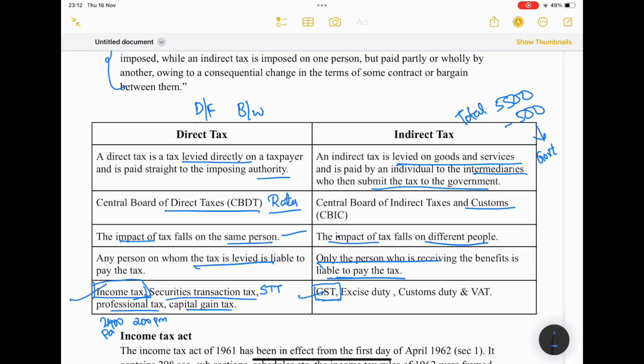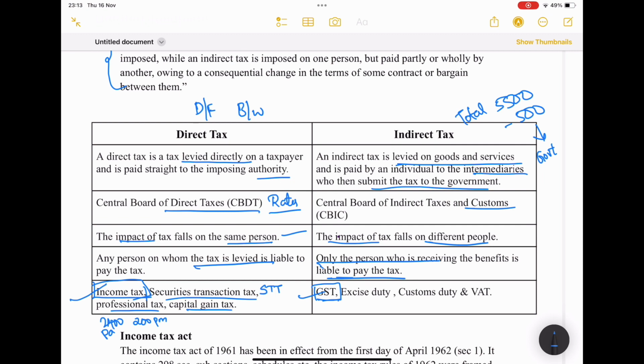When you are purchasing something in a supermarket, in malls or DMarts, wherever you purchase, they are going to charge some taxes. If you check the bills, under the tax invoice you will have CGST, SGST and all. CGST is central goods and service taxes, SGST is state goods and service taxes.